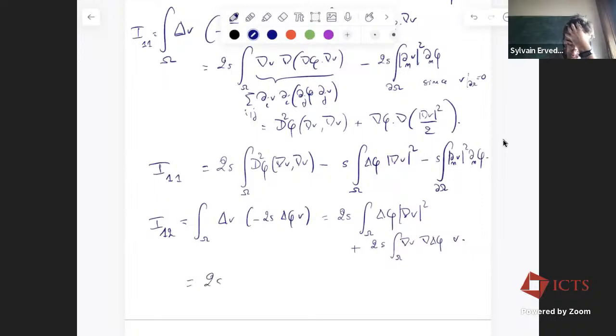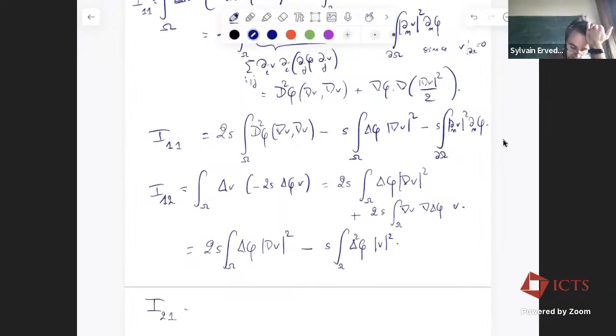And at the end of my computation, I should have this term first, and then minus s of d2 phi V square.